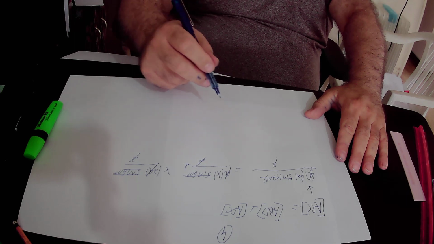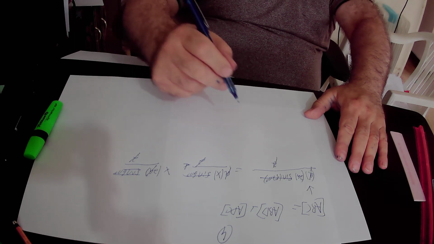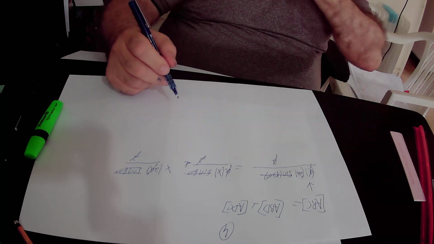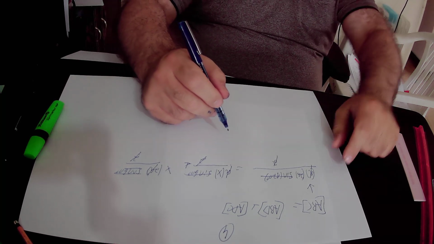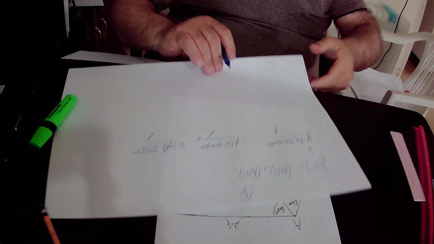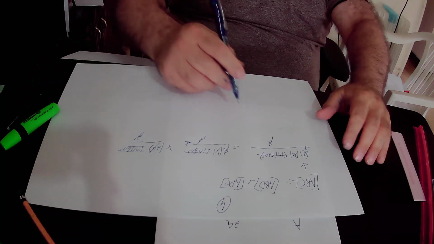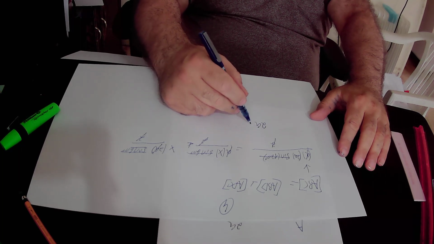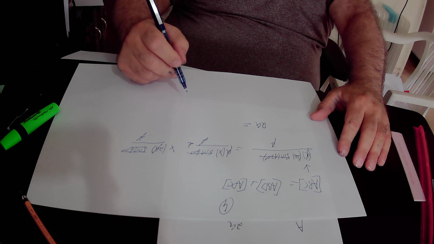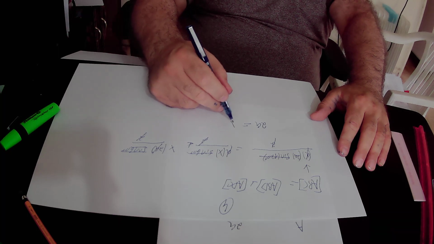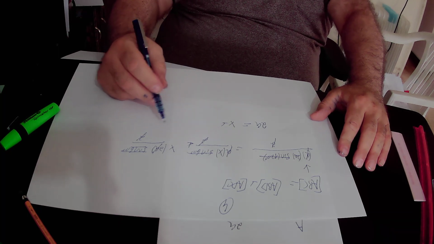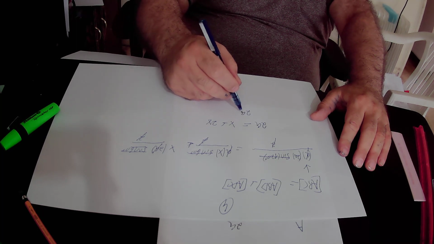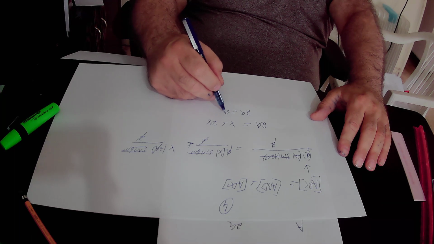On this side of the equation we have 2a is equal to x plus 2x. So 2a equals x plus 2x, which is 3x.